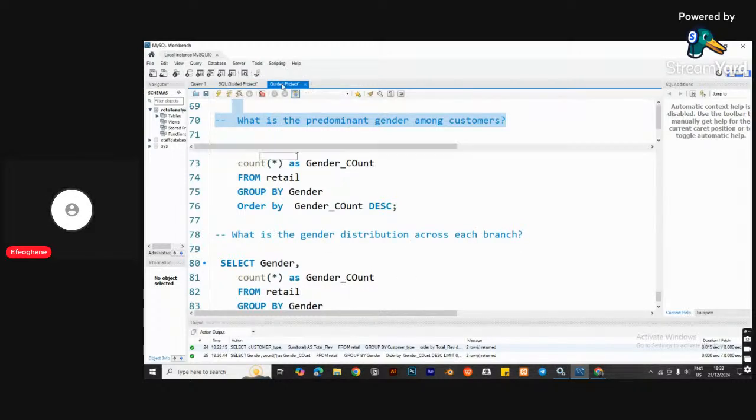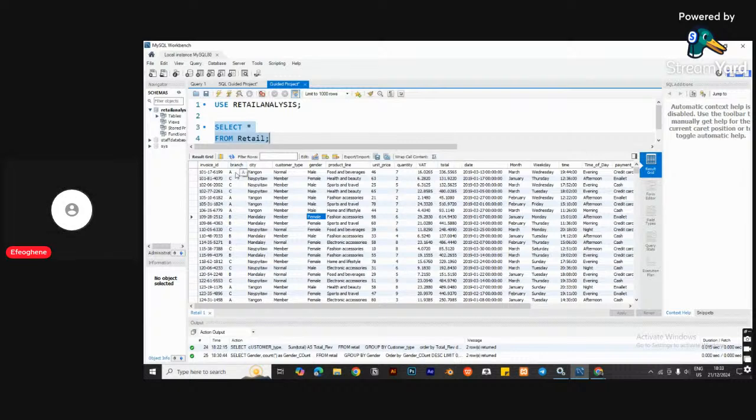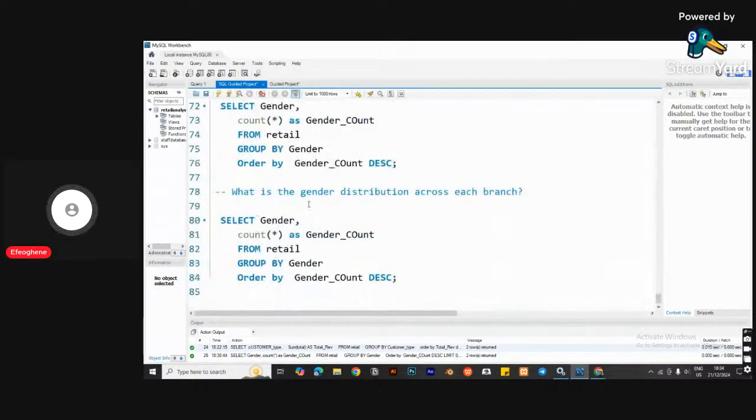If you take a look, we have different branches here, A, C, B, and probably there are more branches. So this question relates to across each branch. So we say select gender, count all, as, we can still use gender count, from retail group by gender.